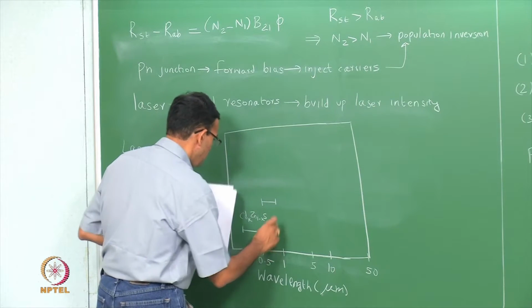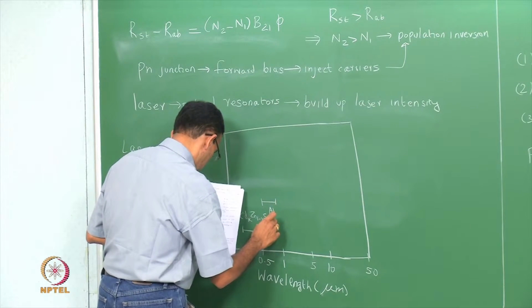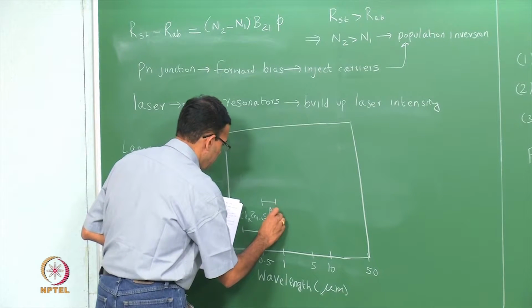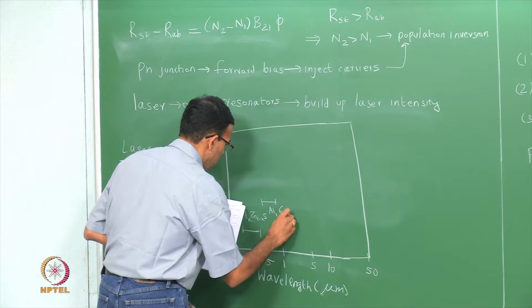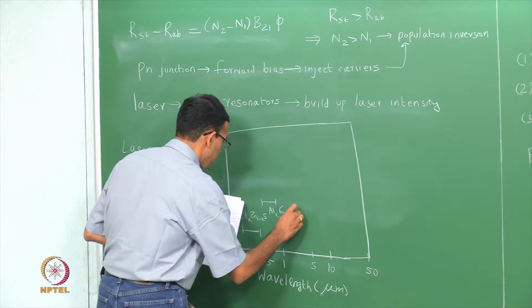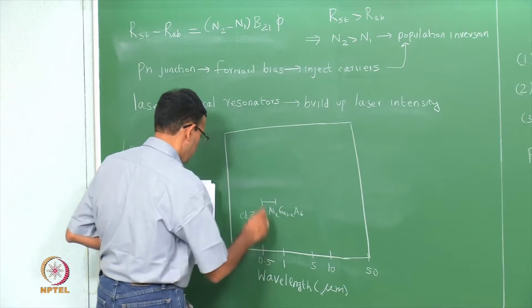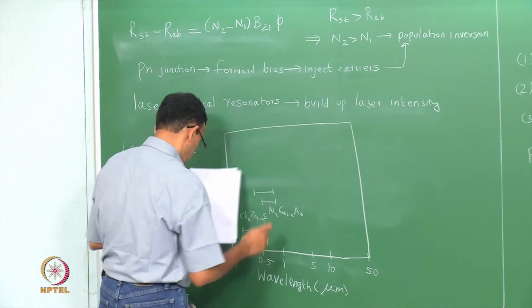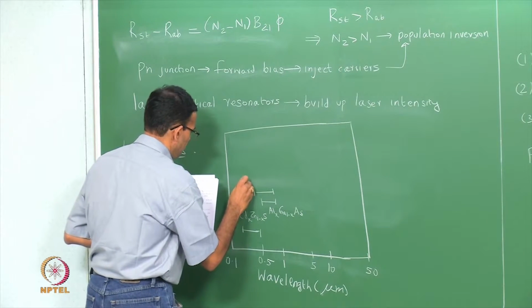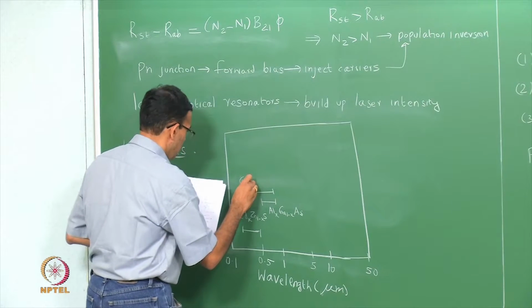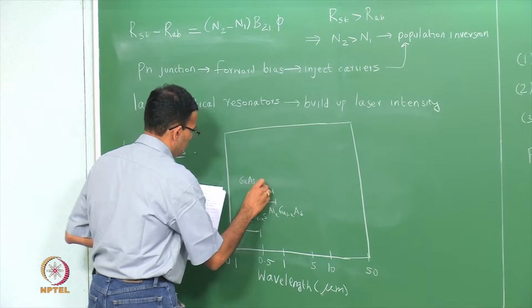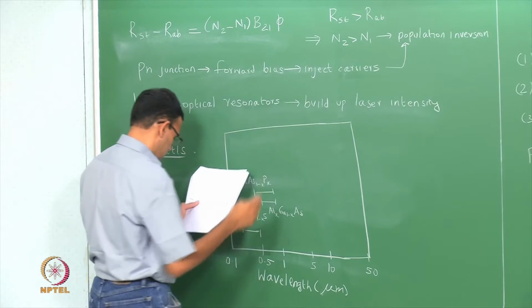So, you have aluminum, gallium arsenide, can also have gallium, arsenic and phosphorus.